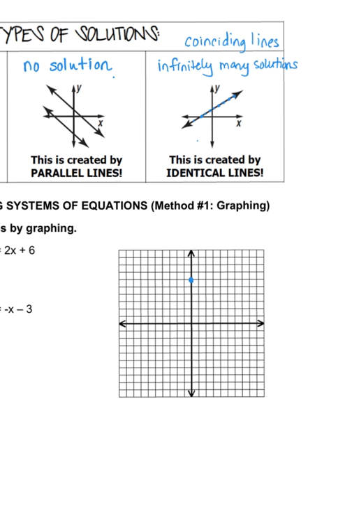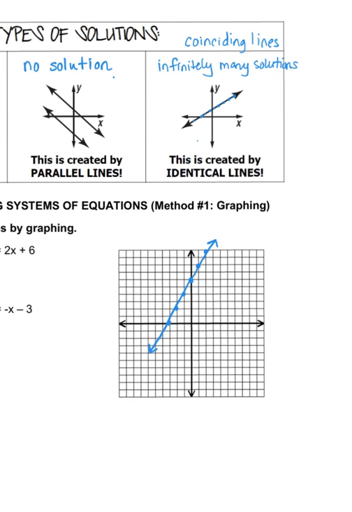So I can go up 2 over 1, up 2 over 1. I'm going to come down here, down 2 over 1, down 2 over 1, down 2 over 1. Let me see if I can draw this nice and neatly. There you go. That's the line for my first equation.